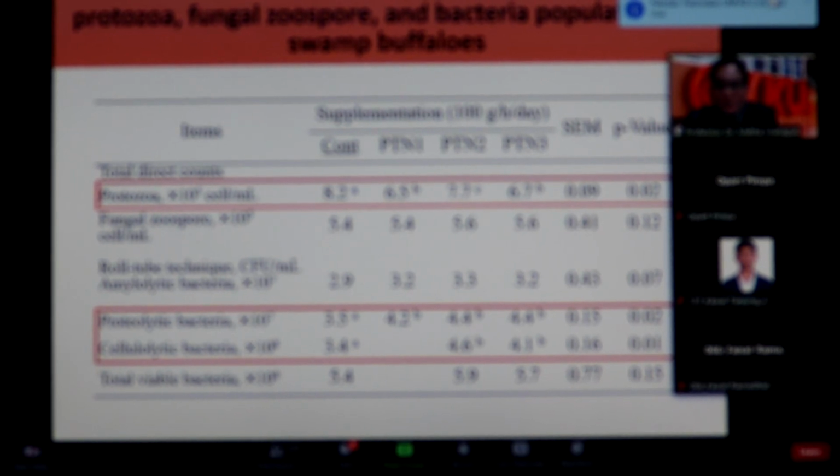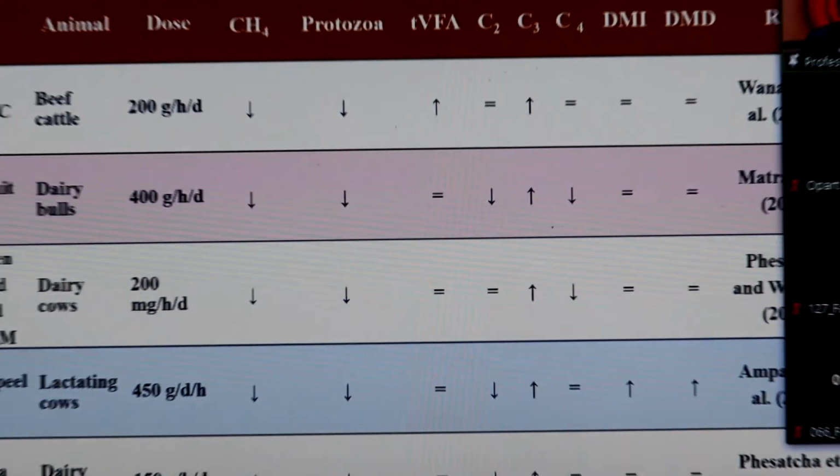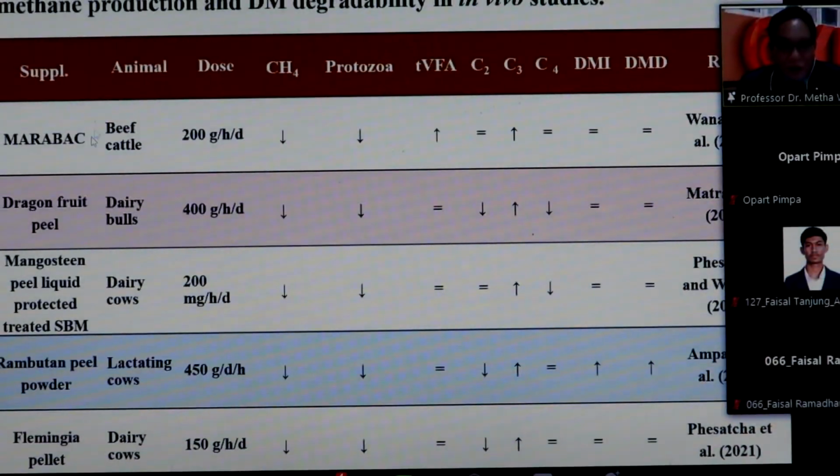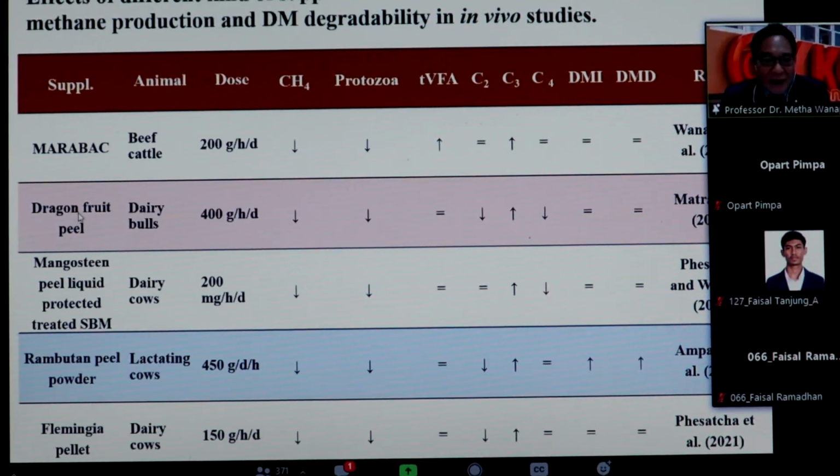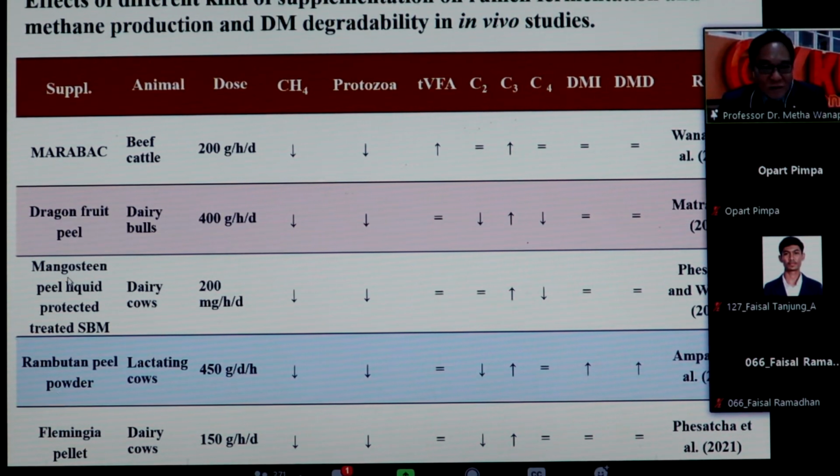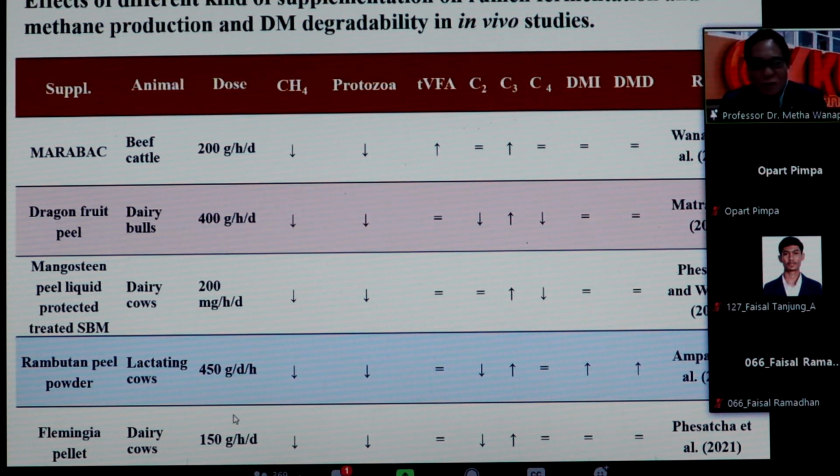Now many in vivo works have been collected and reported. You can see here Marabac, dragon fruit peel, mangosteen. Please search and review this effect of strategic supplementation. Only a small amount of pellet was used, not aiming at a lot of supplementation because it could be expensive.